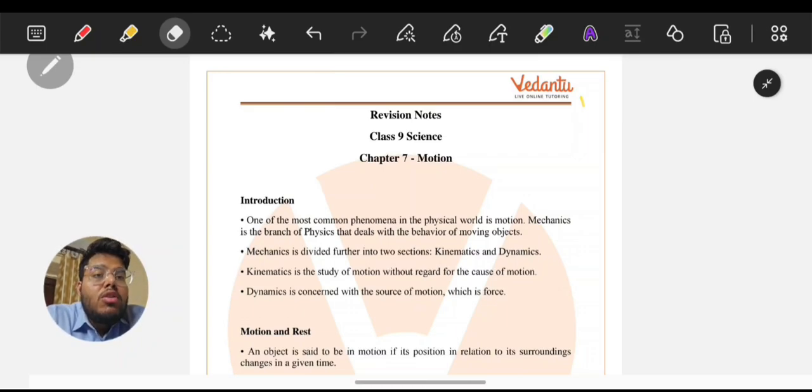Which means if we know that any object starts motion with a force of T Newton, then we consider it in dynamics. If we do not know, let us take an example. If a car is moving at 10 kilometer per hour, this motion does not have any data regarding the starting of the motion, right? So it is considered in the part of kinematics.